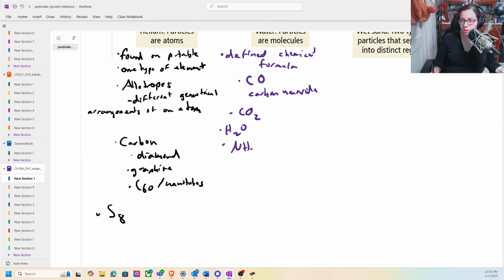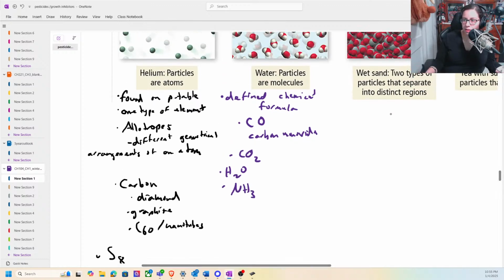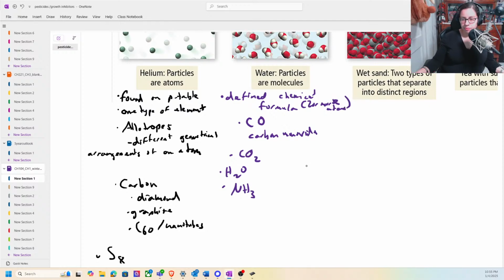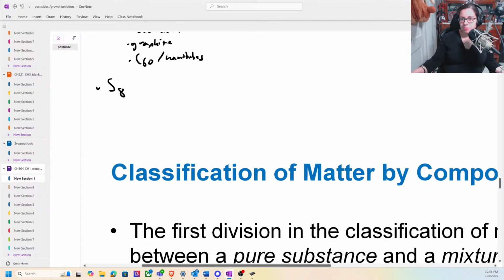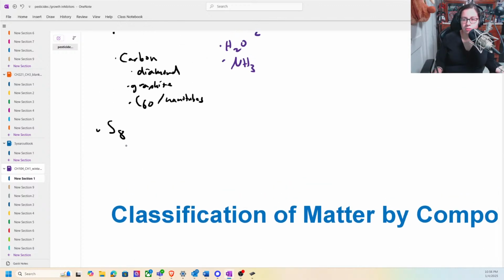Ammonia. And I'll add to this, two or more different atoms. And so they are different. So again, CO versus, oh, I knew I forgot something. Versus, I'm going to add under here, under allotropes, I should have added the diatomics.